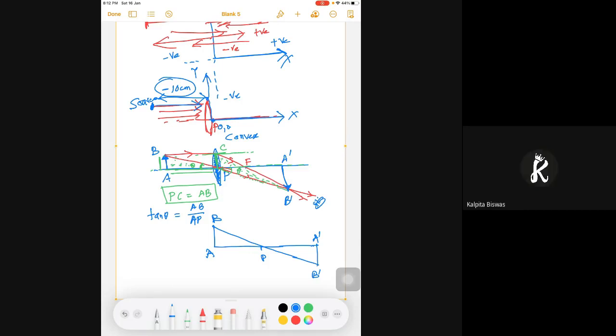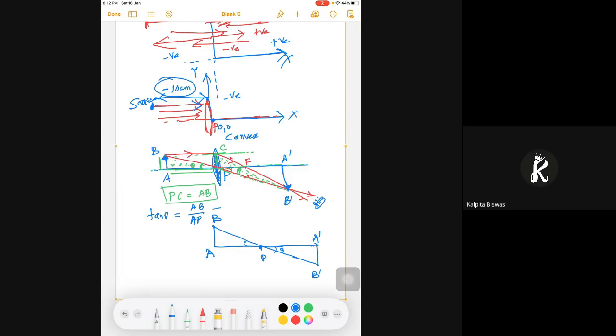Now what we are doing: AB by AP is tan theta, and this angle is also theta. This point P, A dash, and this is A dash B dash.